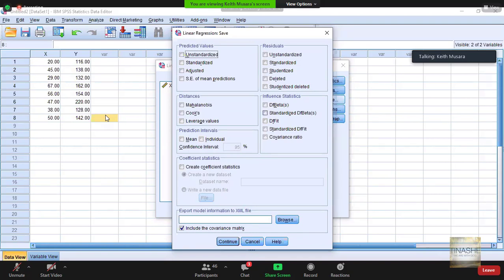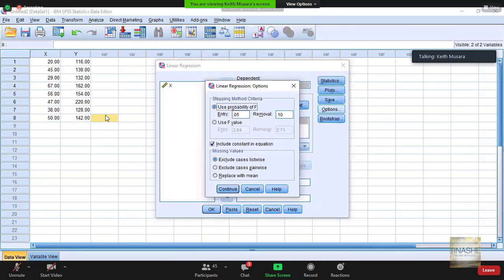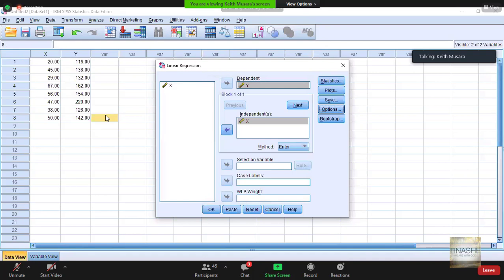I think I introduced residuals when I was talking about how you derive beta naught and beta 1, which is the method of ordinary least squares. Then you've got options where you decide whatever you want to select. But what's key for us, simply, you have to drag the dependent and the independent variable, and then you click OK. When you click OK, you have to go to the output window.